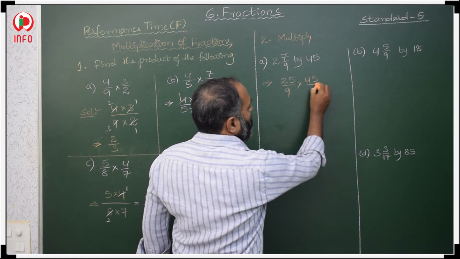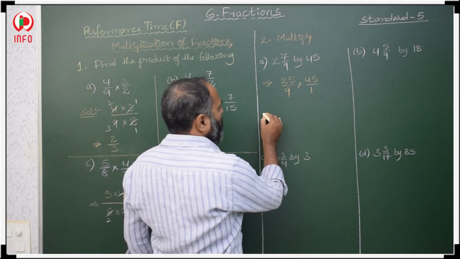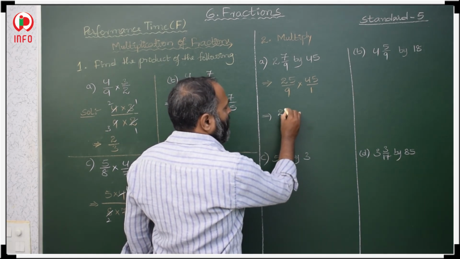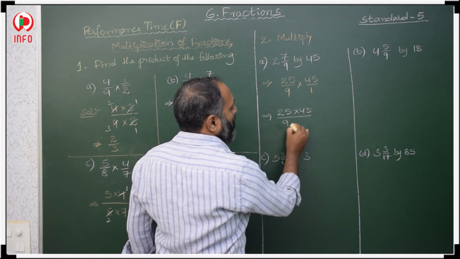In a whole number there is no denominator, it means by 1 is there. Now multiply numerator and numerator, 25 into 45 by denominator with the denominator.